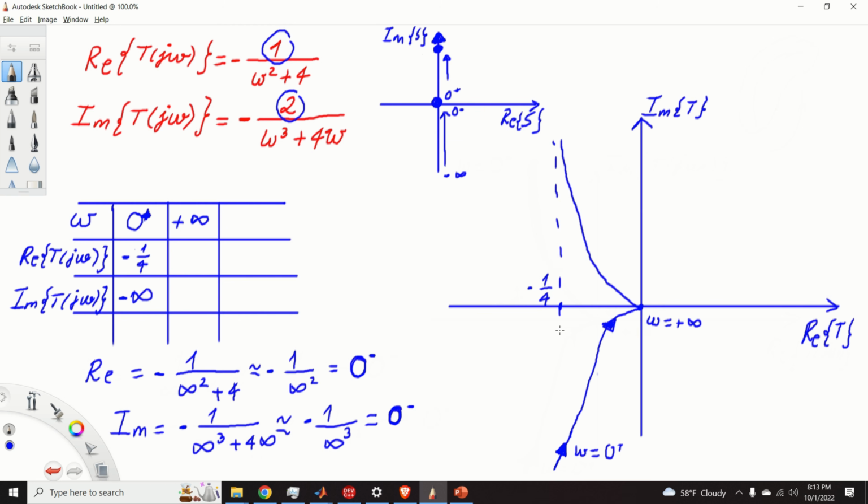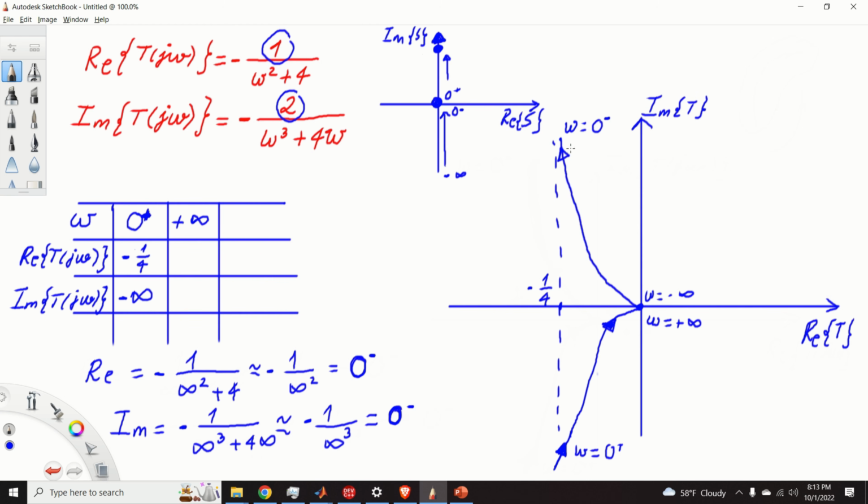And of course, this will be an asymptote that the Nyquist plot will approach for positive and negative small numbers. And here, the point over here is omega equal to minus infinity, and this point over here is omega equal to a small negative number.